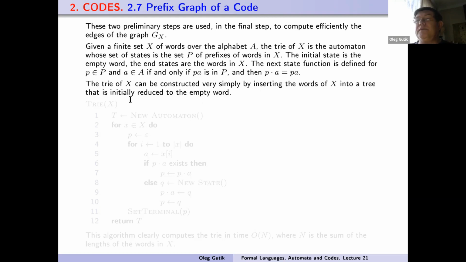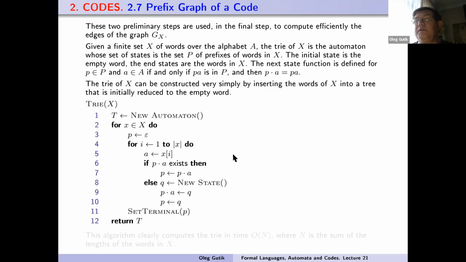The trie of the set X can be constructed very simply by inserting the words of X into a tree that is initially reduced to the empty word.